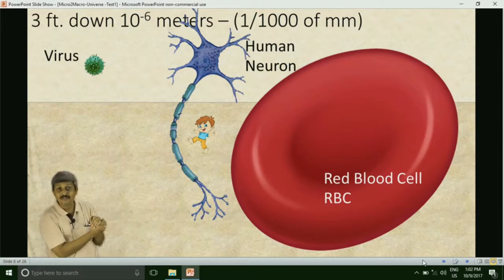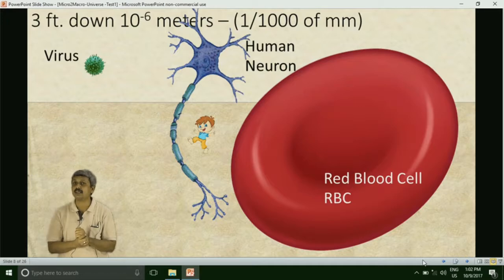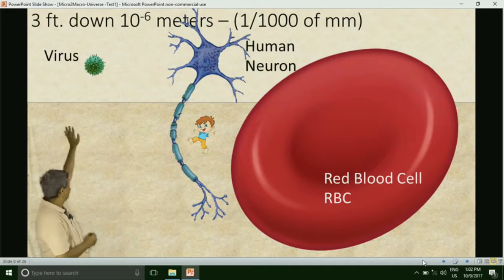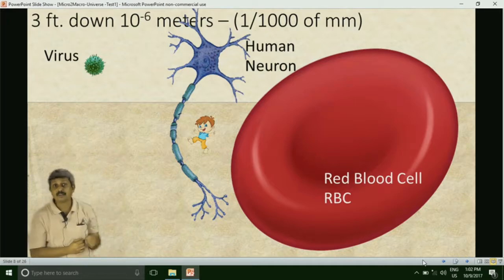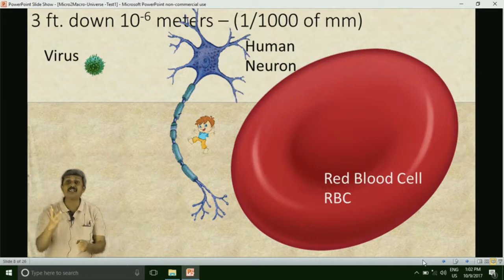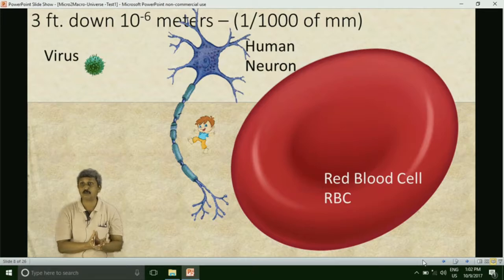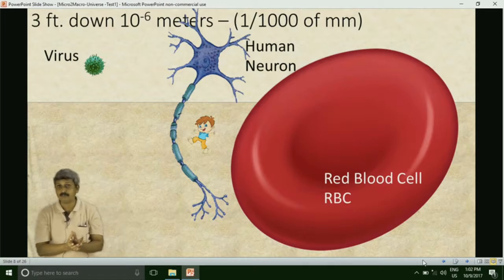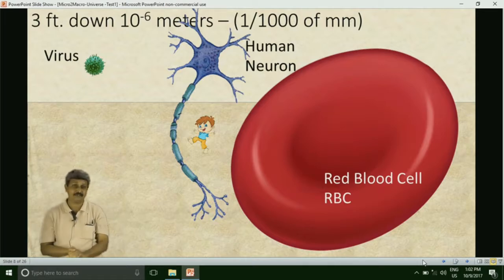tree for you. And the most dangerous thing for us on this earth is the virus. Virus is the most dangerous thing because it can cause diseases to anybody, not just us. It causes diseases to bacteria. Virus can enter inside the bacteria and cause disease to bacteria. That is the beauty of virus. It's so dangerous.